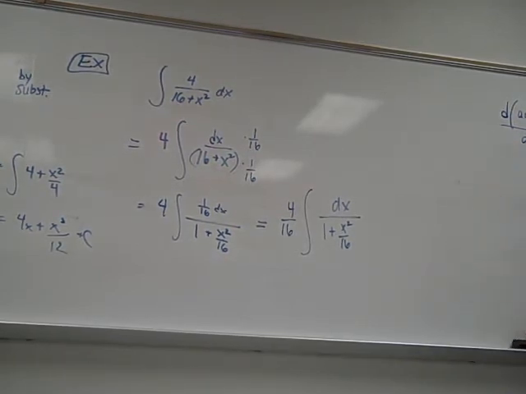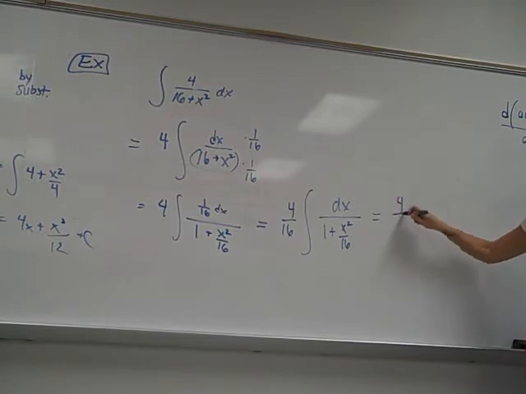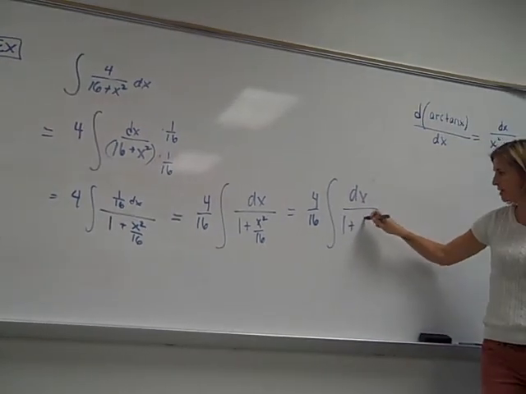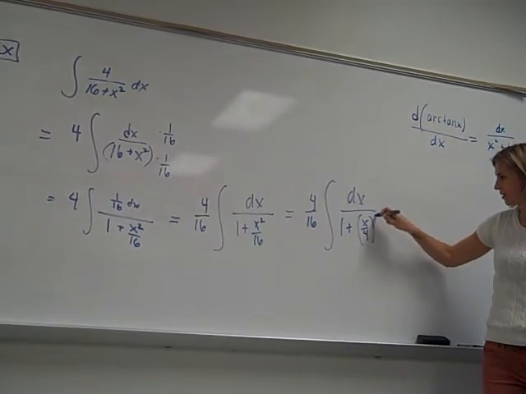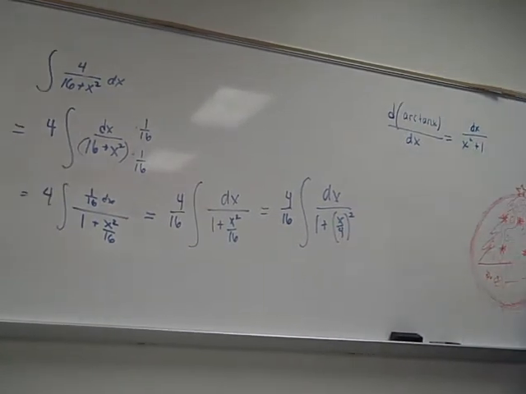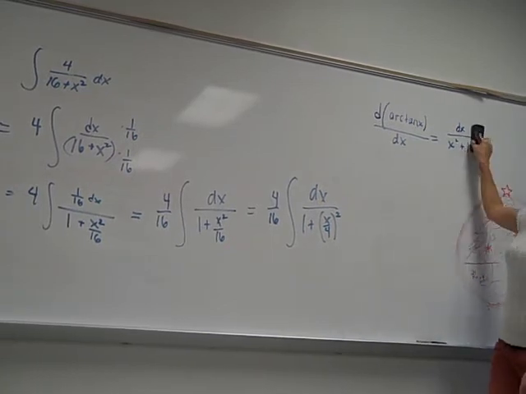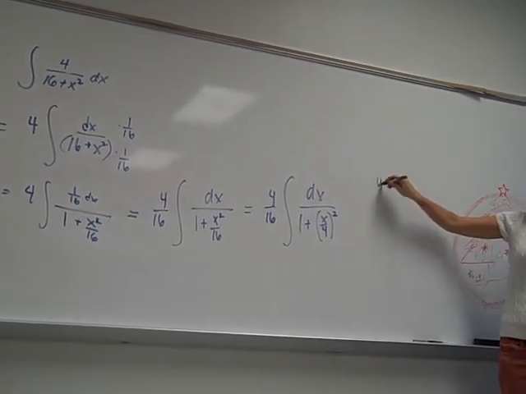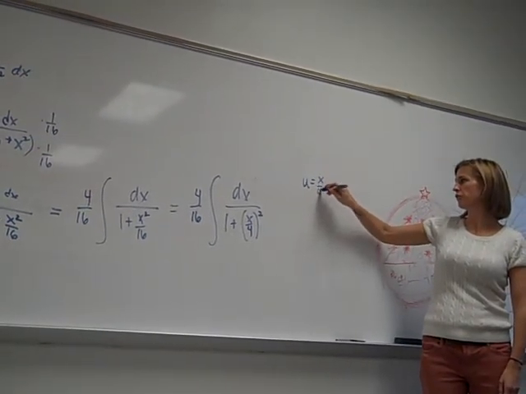But I can rewrite this again as 1 plus x over 4 squared. And I can use substitution and make my u equal to x over 4.